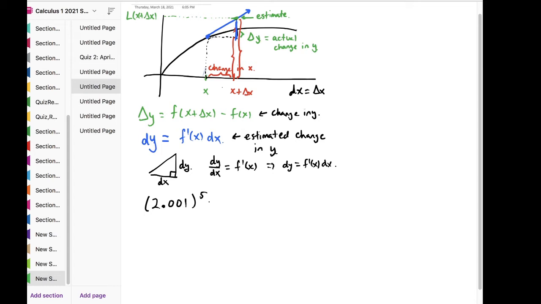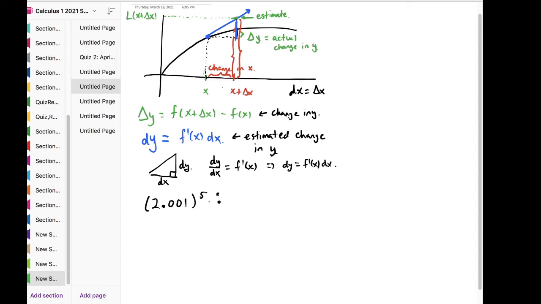So let's just start over. How do you find the linearization again? What is the point that you look at for the linearization? Yes, find the nearest approximation. So in our case, what is the closest value that's nice? Right.